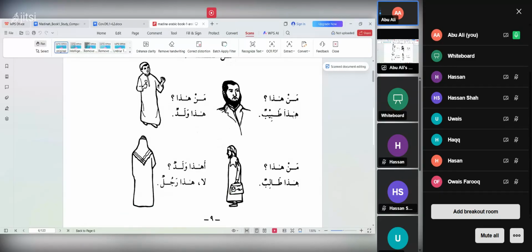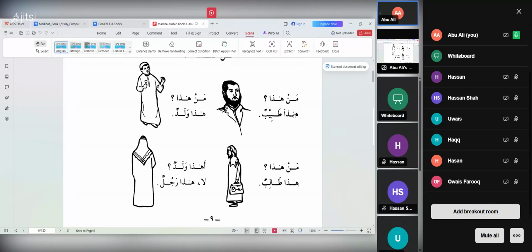هذا, we said it's a demonstrative pronoun for singular, masculine, close entities. It is the subject. طبيب is a singular, indefinite noun, which is the predicate, the خبر. هذا is definite.